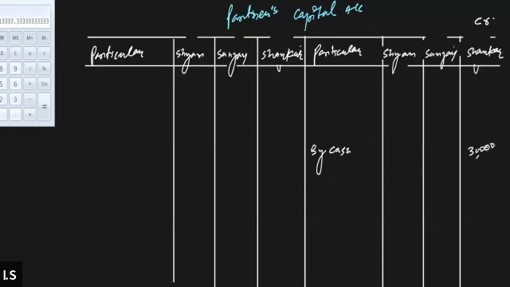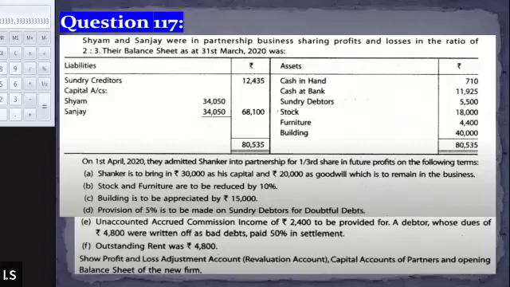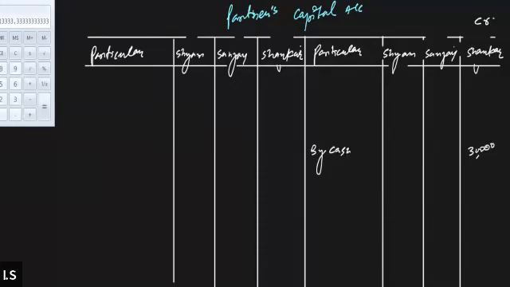Since the question says Shankar is bringing in capital of 30,000, he's bringing it by way of cash, so we have written that on the credit side of the account. He's also bringing in 20,000 by way of goodwill. I'm sure that both of you understand that goodwill needs to be distributed among the partners in the sacrificing ratio. Is that right, Sania and Aman?